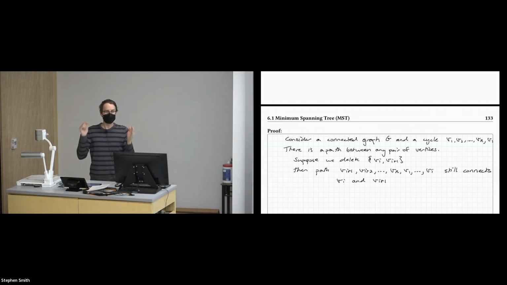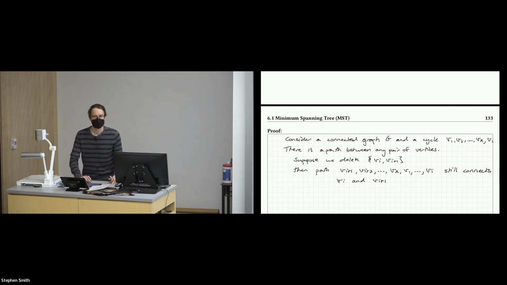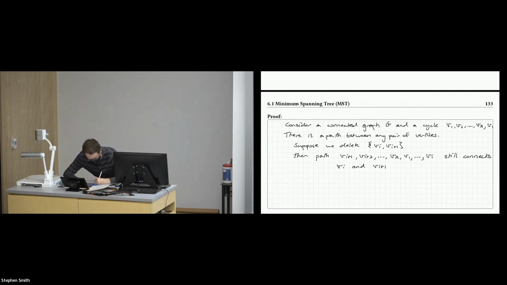And so any path that used the edge Vi to Vi plus 1 can now just use that sequence going from right to left. And so those two vertices are still connected. Any path that used Vi plus 1 can instead use, maybe I'll just call that chain star.